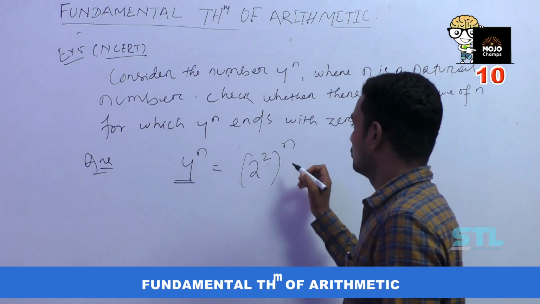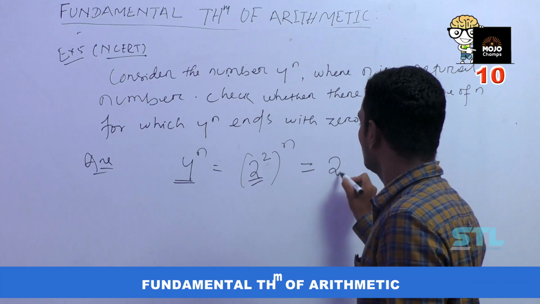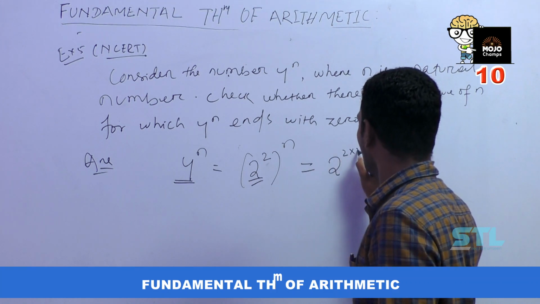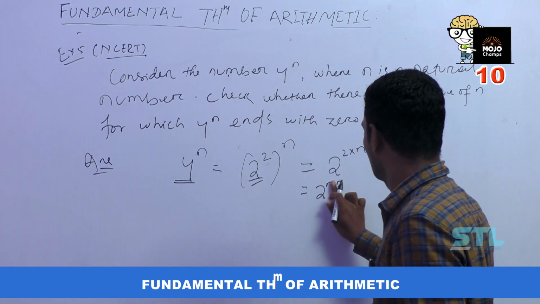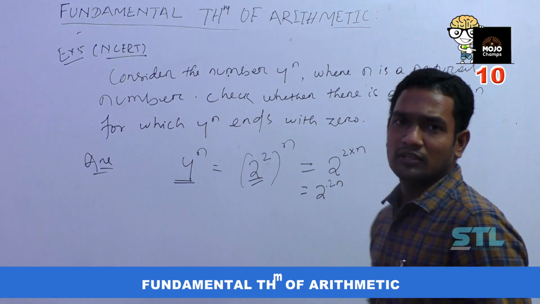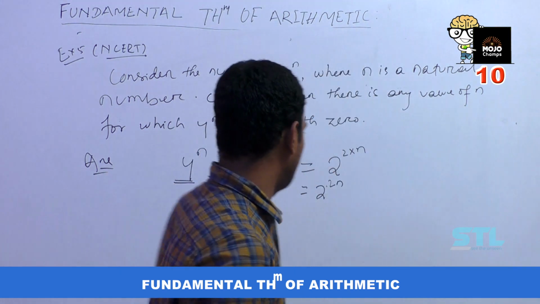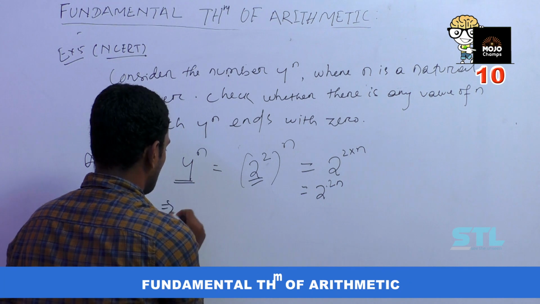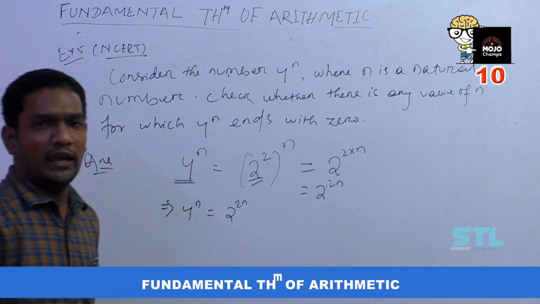So 2 to the power 2, whole to the power n, is equal to 2 to the power 2 into n, that is 2 to the power 2n. So 4 to the power n is equal to 2 to the power 2n.